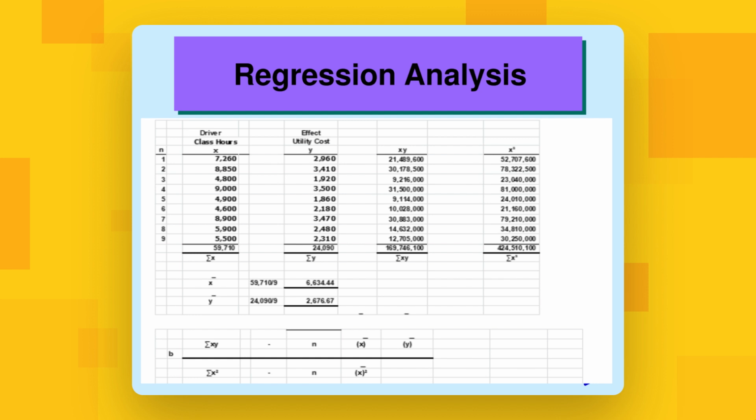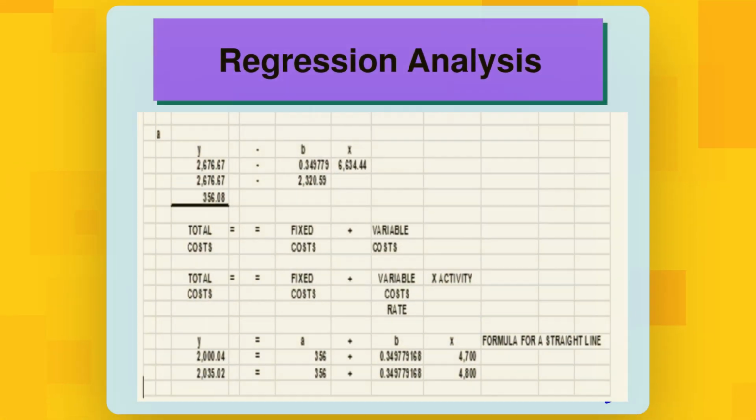Again, ano yung formula natin, class? In computing for your variable cost, summation of EXY minus N to be multiplied by X average, okay, and to be multiplied also by the Y average divided by EX squared minus N, and to be multiplied by X average squared. Okay. So, ito na yung class, diba?